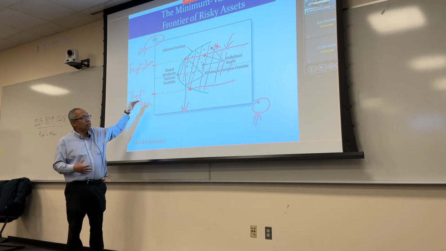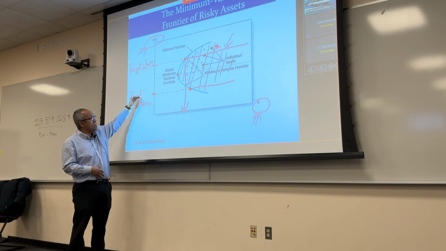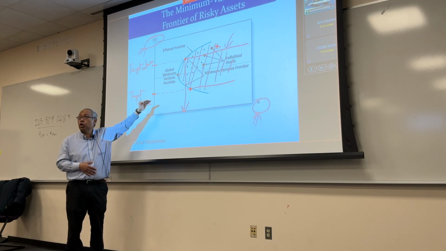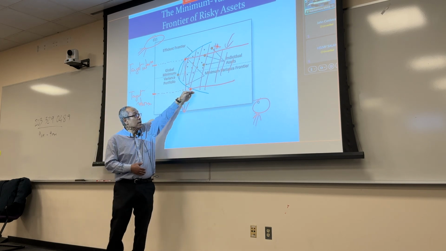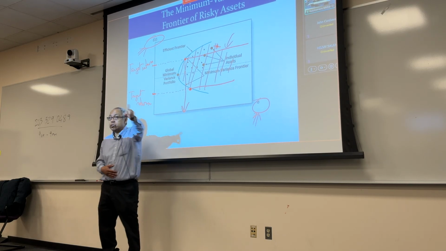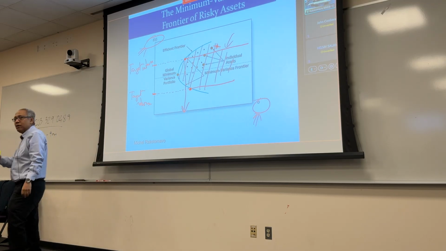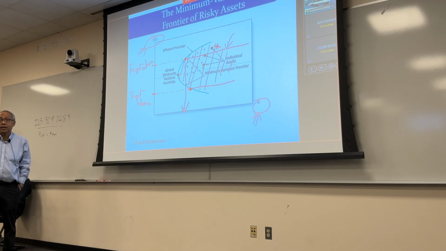The client, or whoever is making the choice, wants this return because they go for a lower risk. So my question to you guys is: is this the best portfolio? You're saying no. Why? Since it's below that dotted line, so the return is negative.